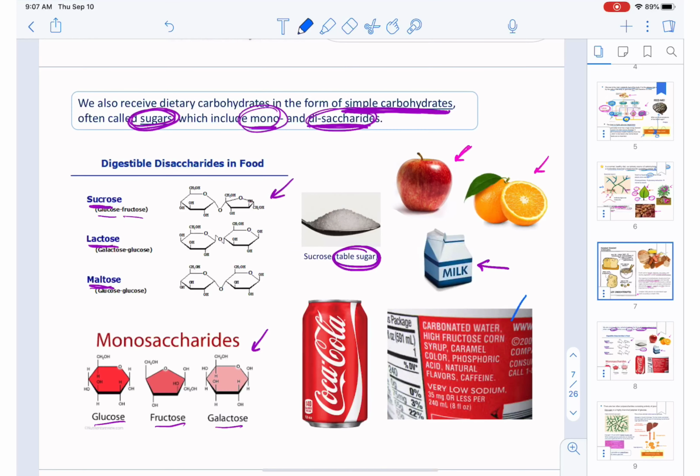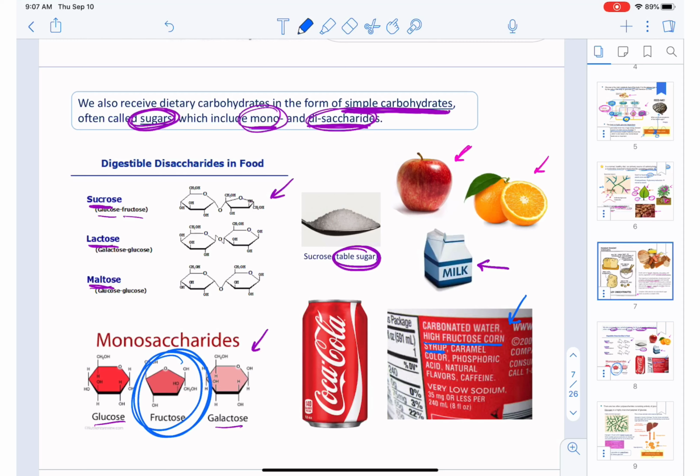As opposed to, say, getting them from soft drinks like Coca-Cola. If we look at the ingredients here, one of the primary ingredients is high fructose corn syrup. And so it has super concentrated fructose in it, super concentrated monosaccharides. And there's a couple reasons why this is not necessarily good.